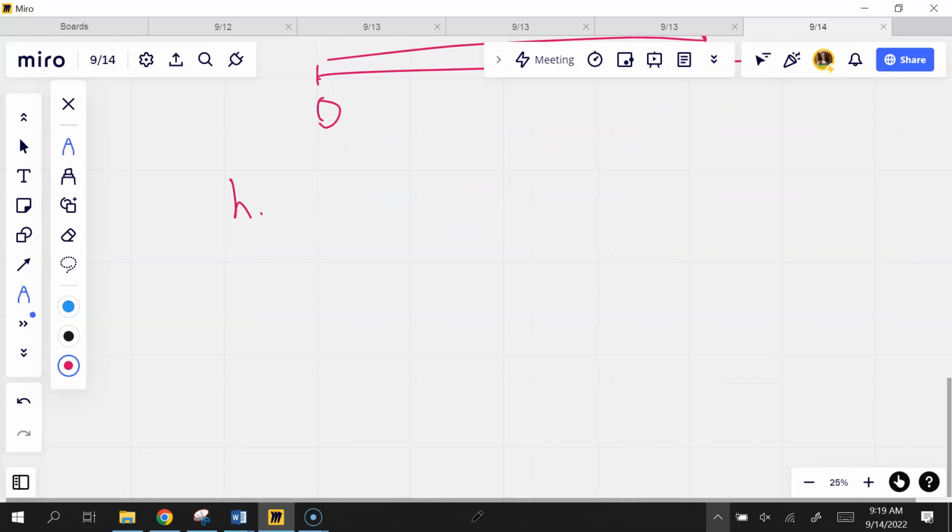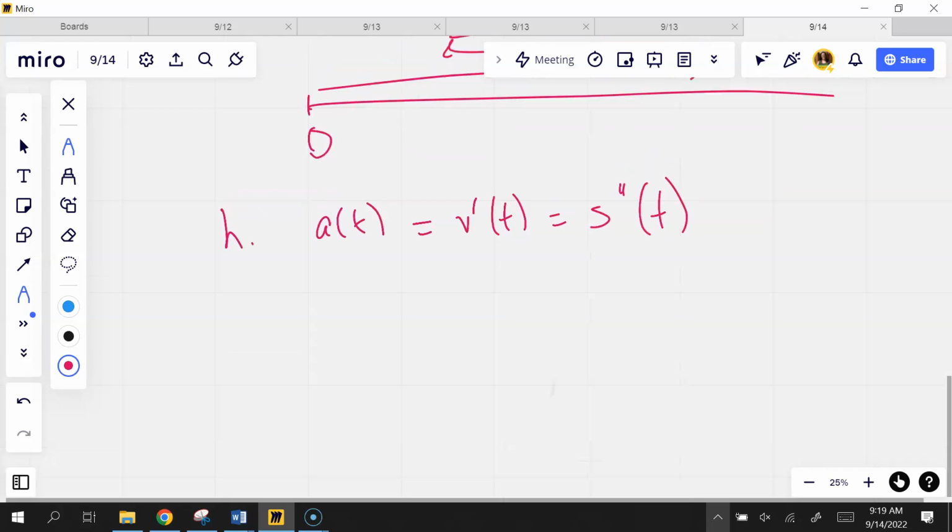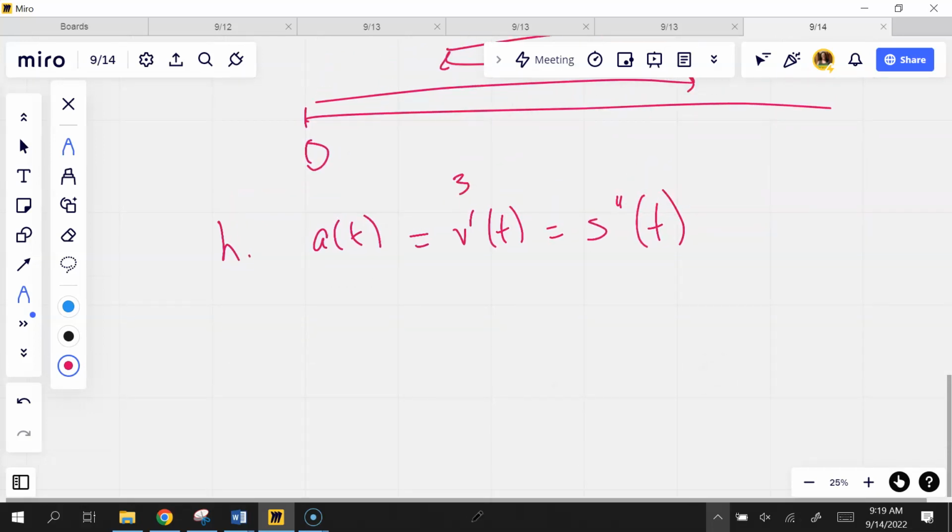H, find acceleration. So acceleration, of course, is the derivative of velocity, which is the second derivative of position. So we had 3t squared minus 24t plus 36. That's velocity.